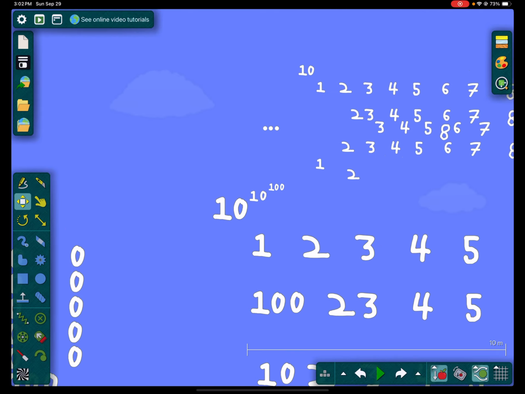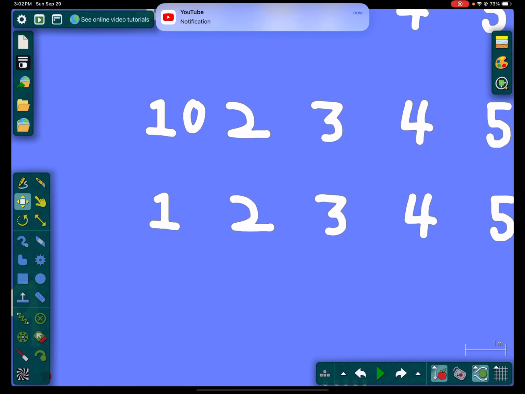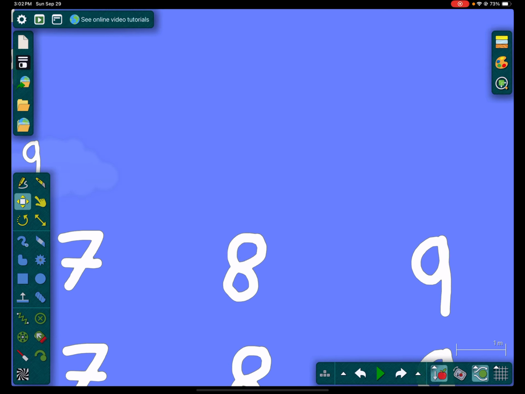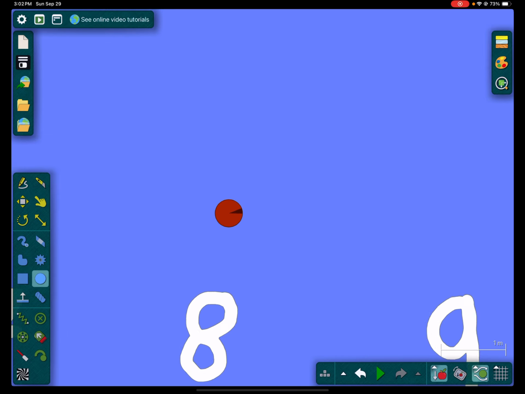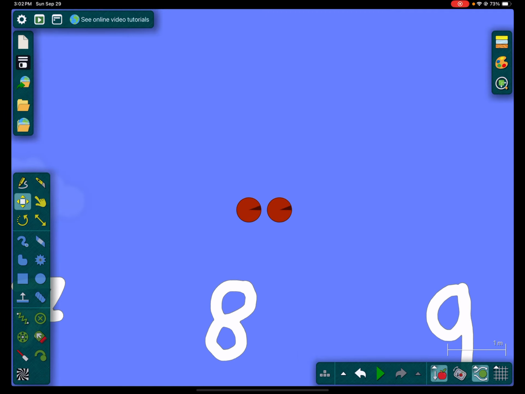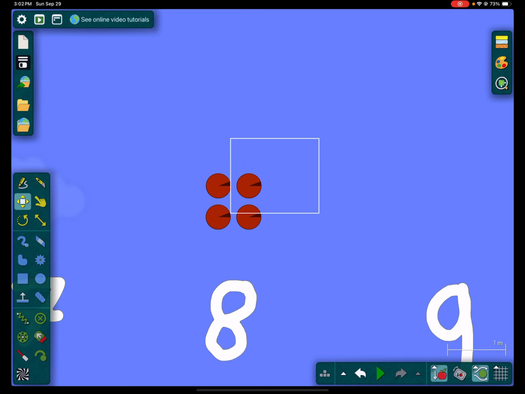Okay, back to our things. So right now we're talking about the cardinality. Now, 1, 2 dots, 4, 8.